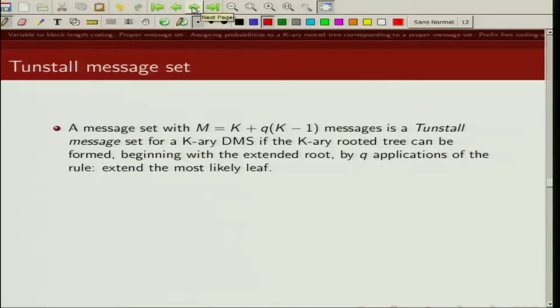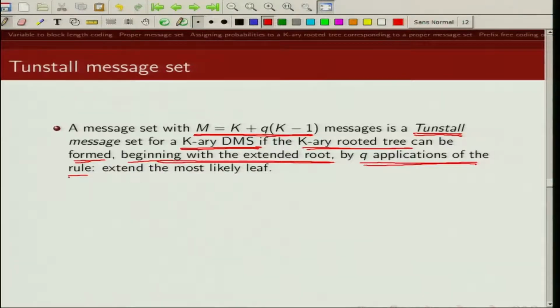So I would like to parse my source into sequences such that my expected value of Y is maximized. So Tunstall message set is a class of proper message set which will always maximize expected value of Y. A message set with so many messages is a Tunstall message set for a Q-ary discrete memoryless source if the Q-ary rooted tree can be formed beginning from the extended root by Q applications of the following rule: extend the most likely leaf.